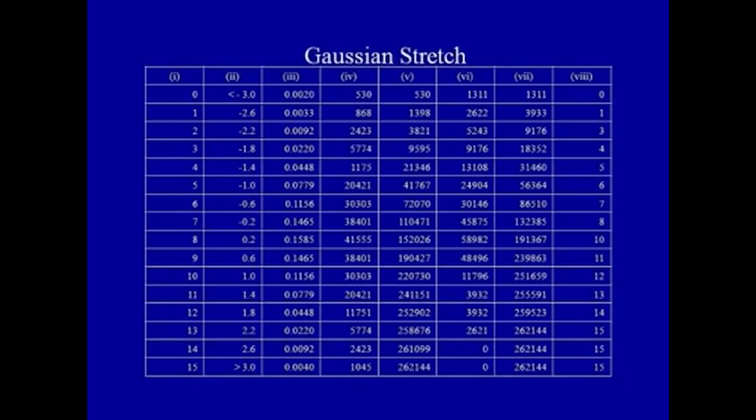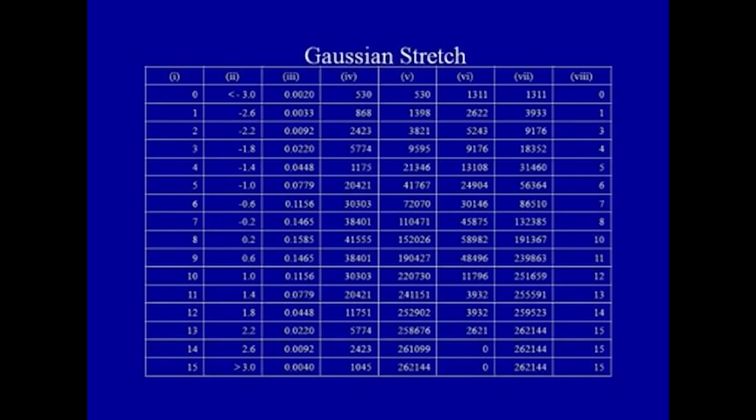This probability factor now works out to be 0.0020 and this factor will now be utilized to find out what would be the Gaussian frequency that the histogram should have. So, what we do is multiply this factor by the total number of points which is there and taking the integer value or rounding it off to the lower closest value, what we find is that the Gaussian distribution having 0 brightness level should be 530.